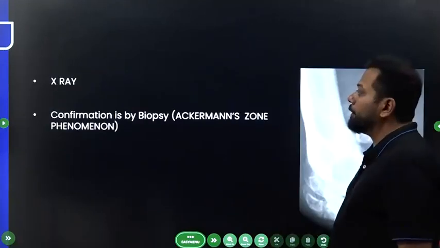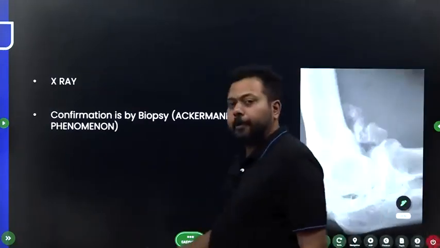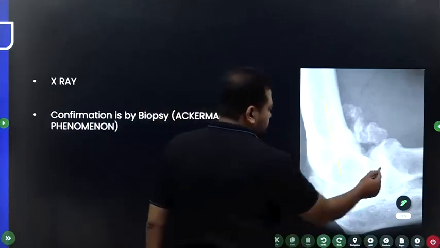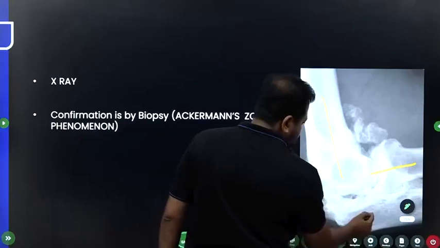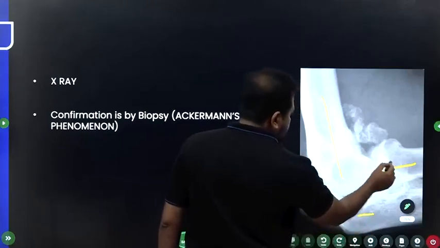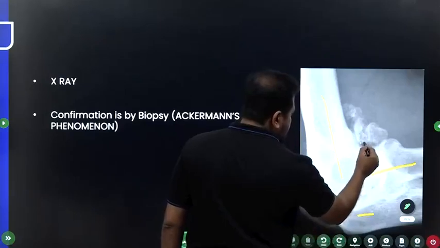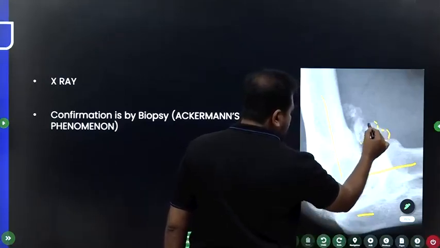So how to confirm? The X-ray. When you take an X-ray, this is an X-ray of the elbow joint. You see this is the humerus, this is your radius, this is ulna. You are able to see the radial head, humerus, ulna. You are able to see some fluffy bony mass here.